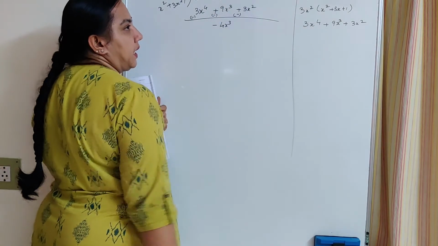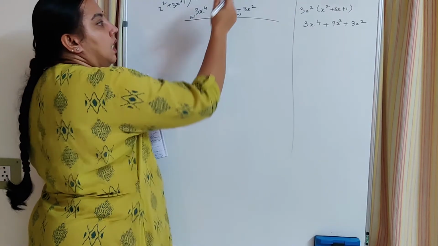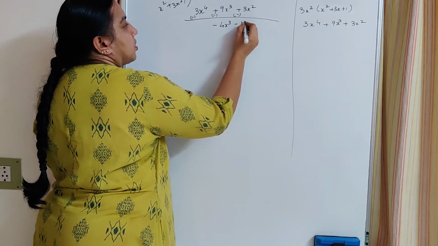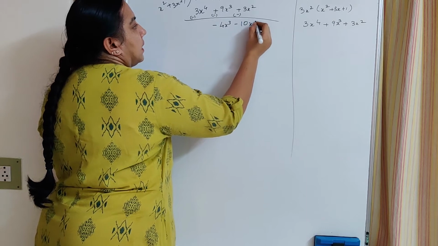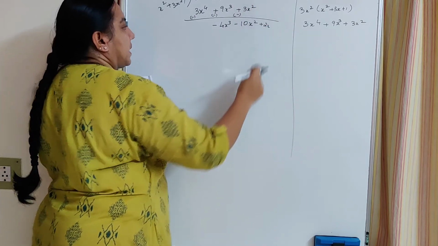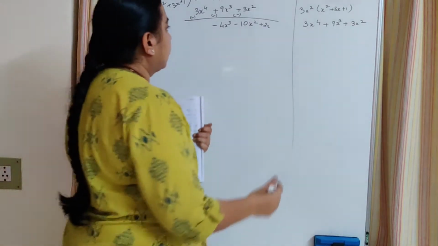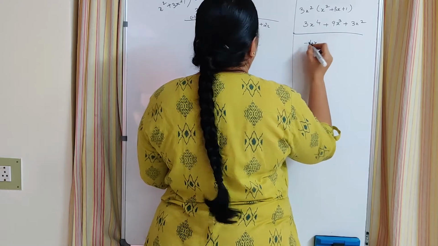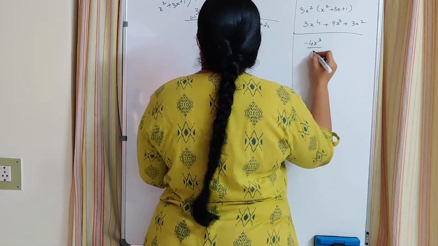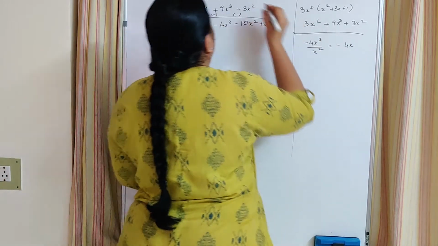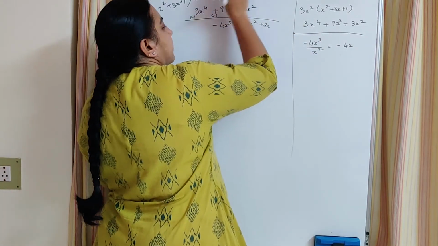And these both are minus signs, so negative numbers, I can sum up both the numbers. Minus 7, minus 3, it sums to minus 10x square, plus 2x. I am bringing the next number down. Then I will take the first term alone. Minus 4x cube divided by x square is equal to minus 4x. Write it down, minus 4x.